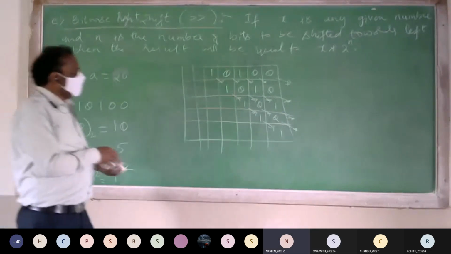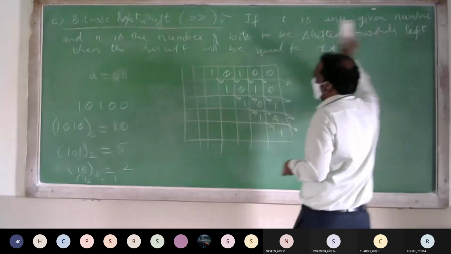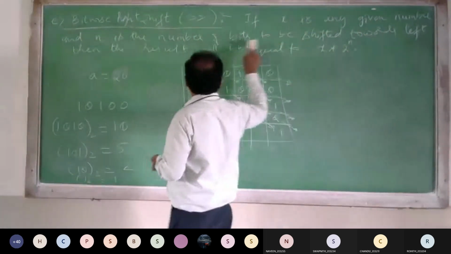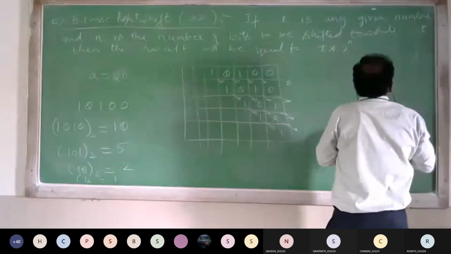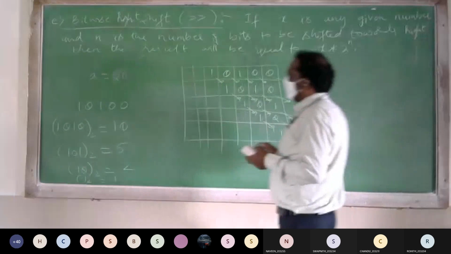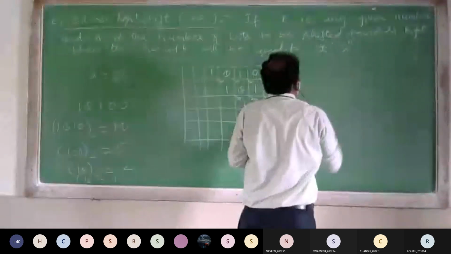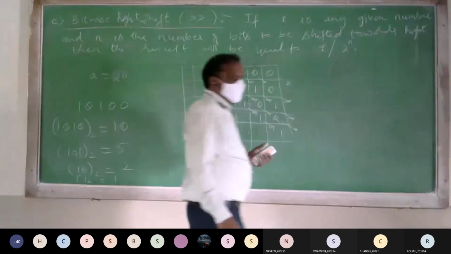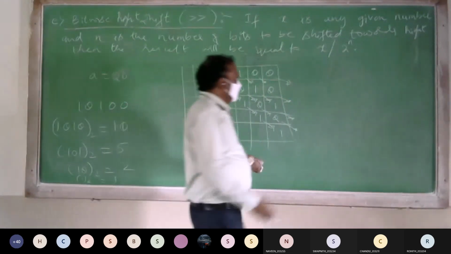Yes, correct. So the definition is, if x is any given number and n is the number of bits to be shifted towards right, then the result will be equal to x divided by 2 power n.